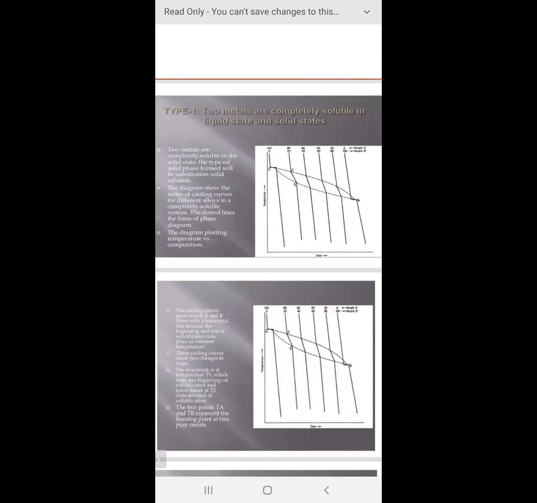We have to take two metals and heat them up to their melting point temperatures. After reaching the melting point, both metals will be in liquid state.